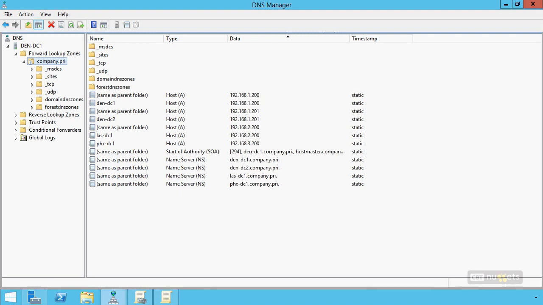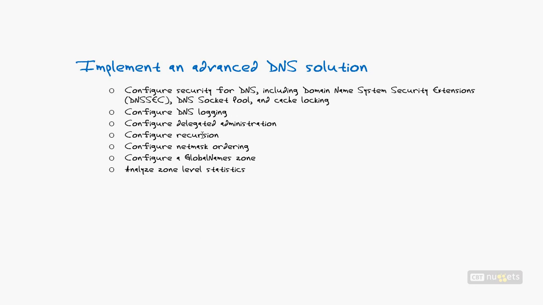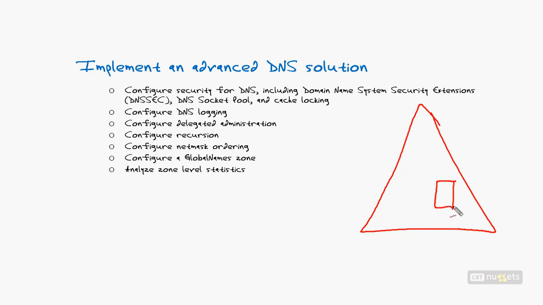Which takes us to our next task here, which is configuring recursion. Now, recursion is kind of a nifty one here, because it is something that you could easily forget if you weren't aware of how recursion can inadvertently expose a potential exploit for your external DNS servers. Let's assume here that I got my domain. All right, there's my domain, and in my domain I have my DNS server.